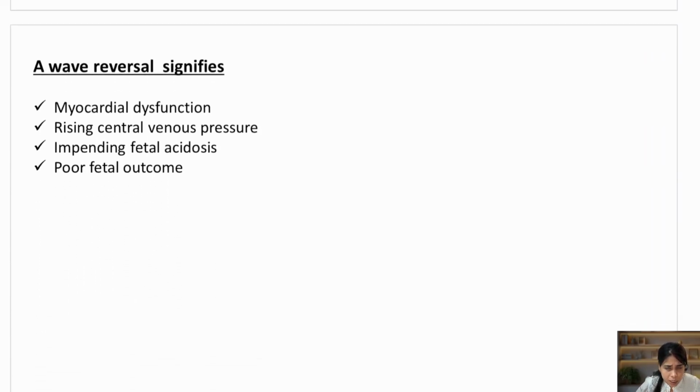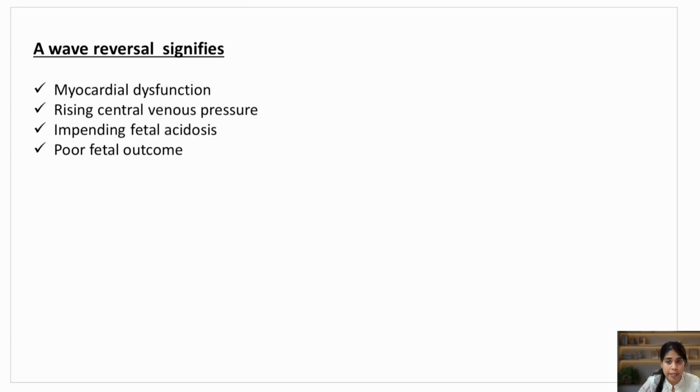So this A wave reversal signifies myocardial dysfunction, rising central venous pressure, impending fetal acidosis and poor fetal outcome. So the cardiac status and the acid base status of the fetus can be determined by this ductus venosus Doppler, and particularly from the A wave.